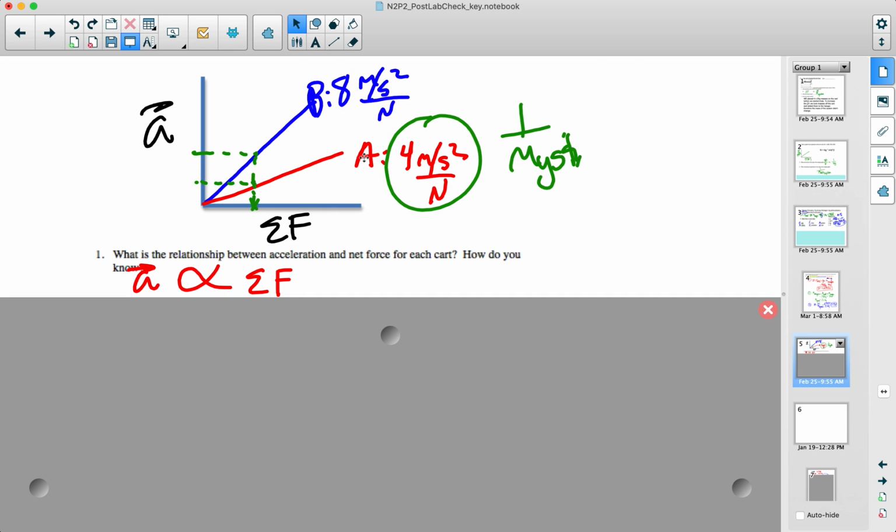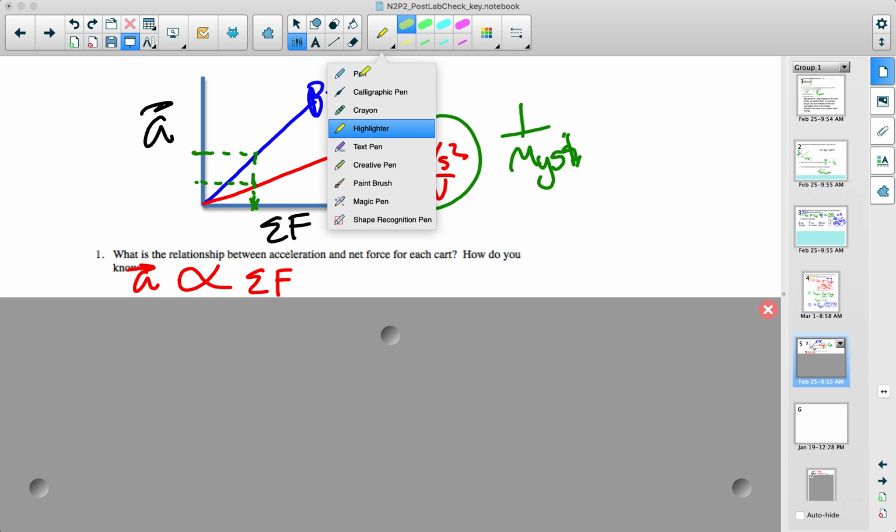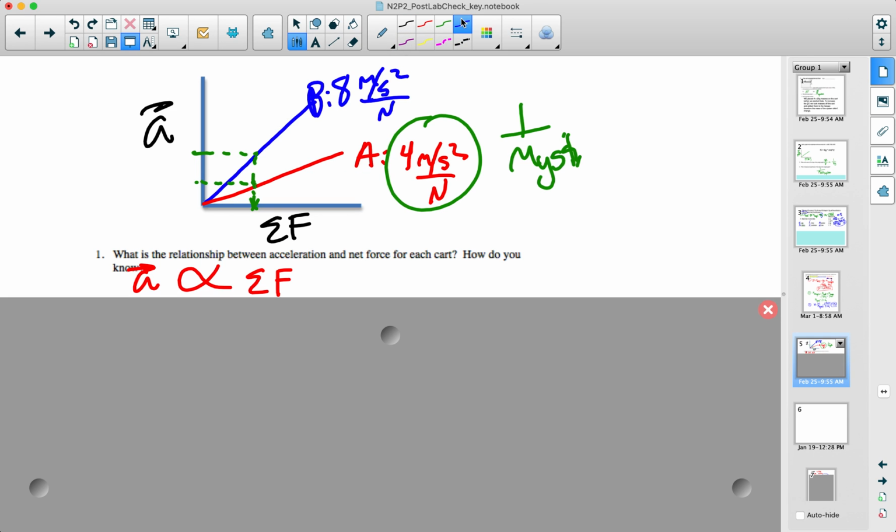So the labels are going to be off, but the steepness of the slopes are going to be the same. So let's see here. Maybe I can change color and go. It looks like on your paper, this one is B. And it looks like on your paper, this one is A.